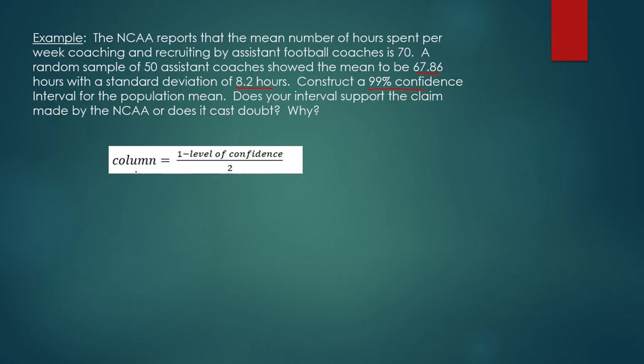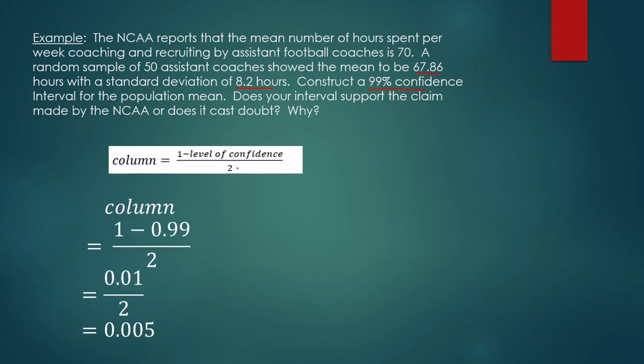I need to use the formula 1 minus the level of confidence divided by 2 to calculate the column I need. Now 1 minus 0.99 divided by 2 is equivalent to 0.05. So that's the column we're going to use for our t table.